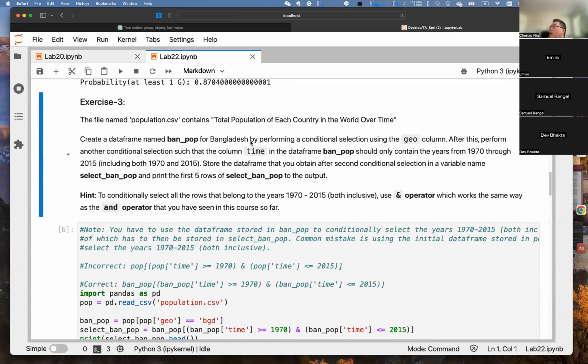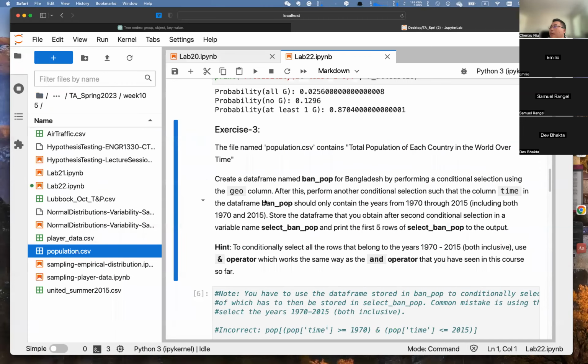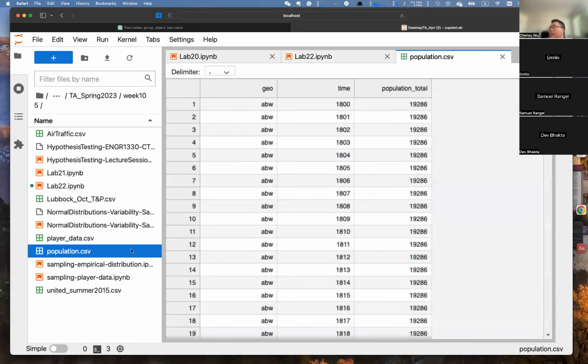Use the geo column to select this country. After that, perform another conditional selection, such as the column time should contain the years from 1970 through 2015, and store the data frame. Okay, so it means we need to use double conditional selections.